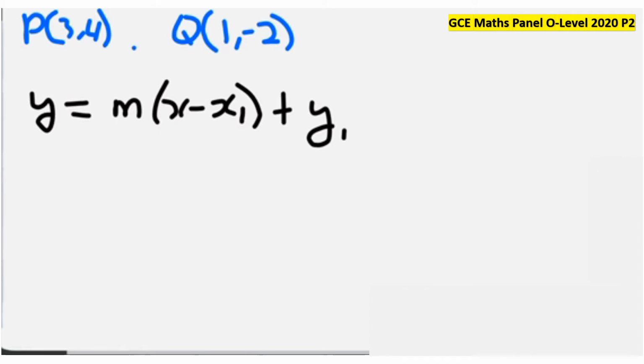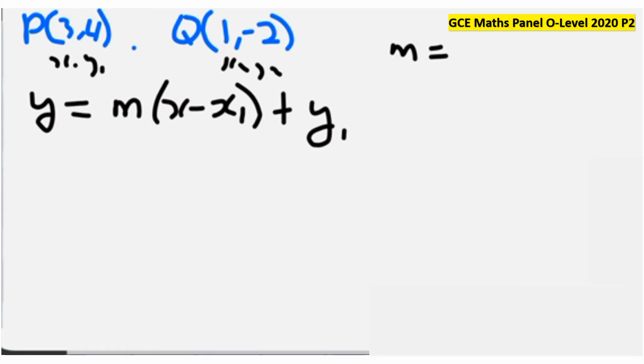It's better to always run away from negative signs because most students make mistakes with them. No matter which point you use, you have the same value because it's the same line, so don't be bothered. Our gradient m is given by change in y over change in x, that is y2 minus y1 over x2 minus x1.